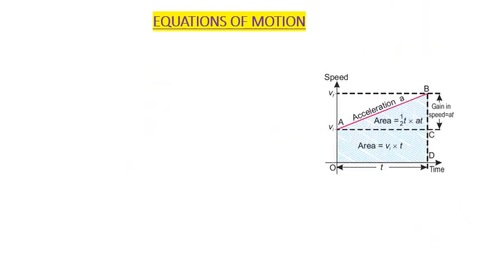For equations of motion we will use speed time graph. As you can see, on x-axis we have time and on y-axis we have velocity. This graph will give us acceleration, and the distance covered by the body can be found by the area under the graph.